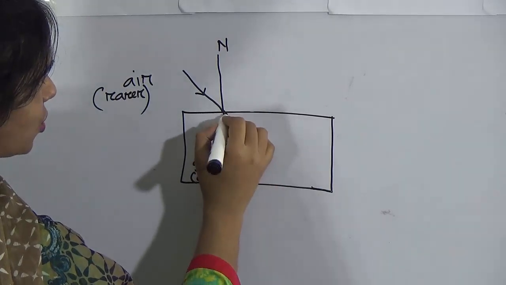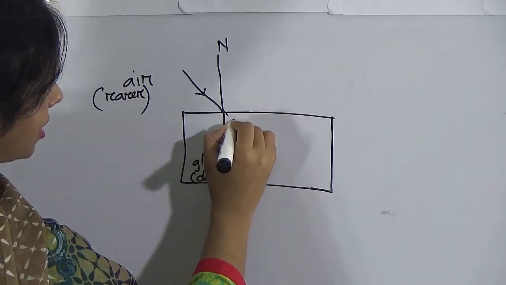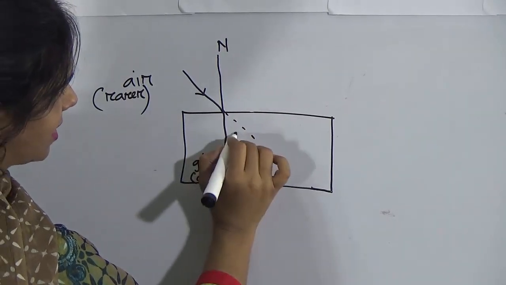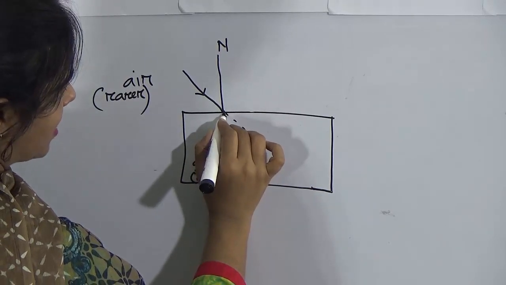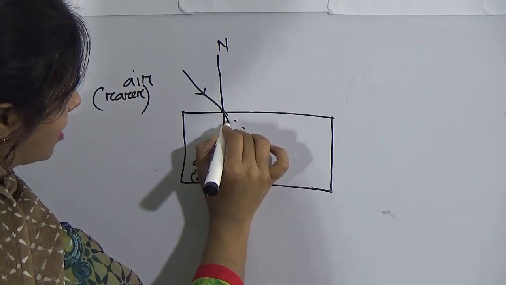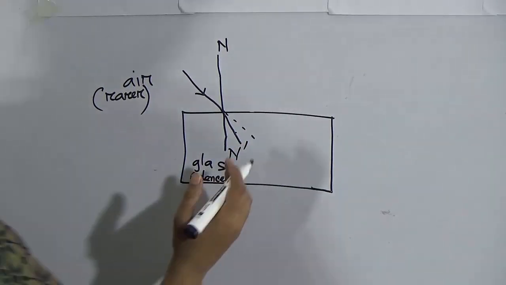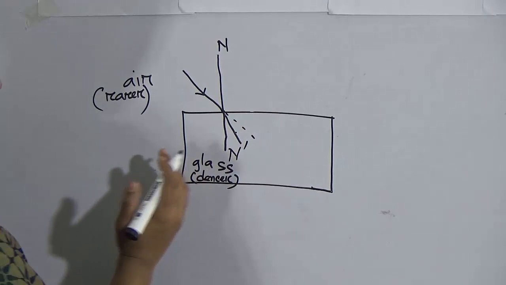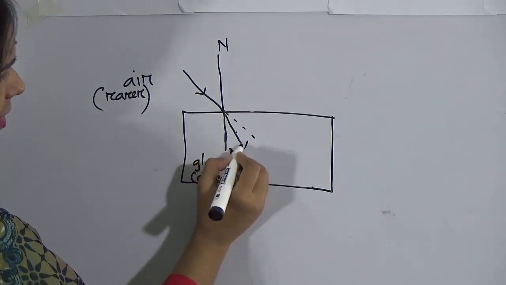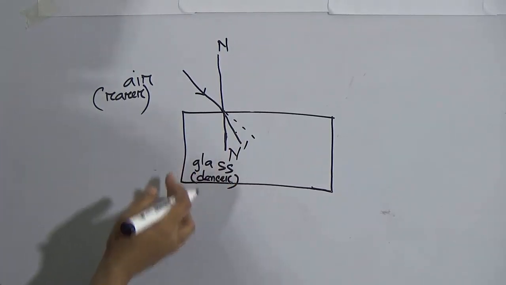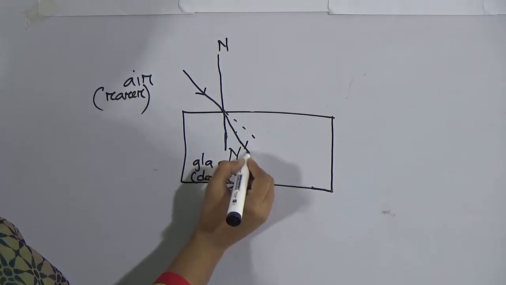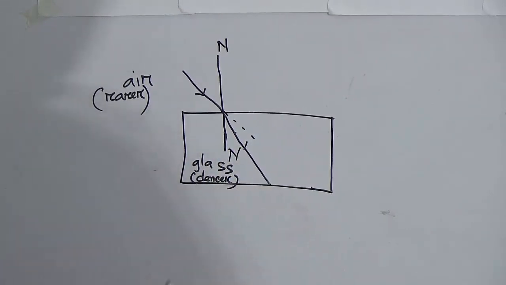When light enters the glass, its direction was like that, but because it enters the denser medium from the rarer medium, it turns toward the normal. That means it comes to the normal, and the light ray falls here.